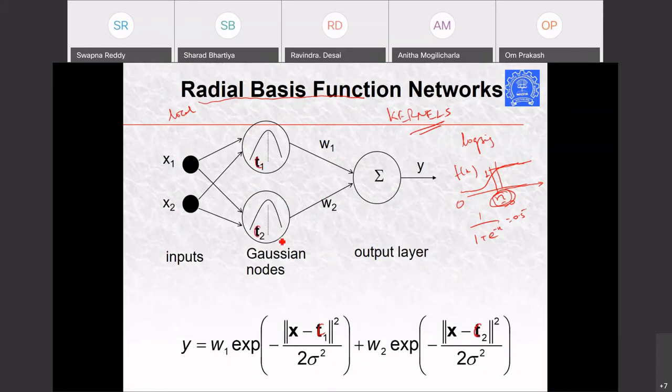Here the local unit, in this case, is simply a Gaussian node: exponential of minus half, with the input P minus C, the whole squared, by sigma squared. This is an example of a local unit. I'll just call it G of something.